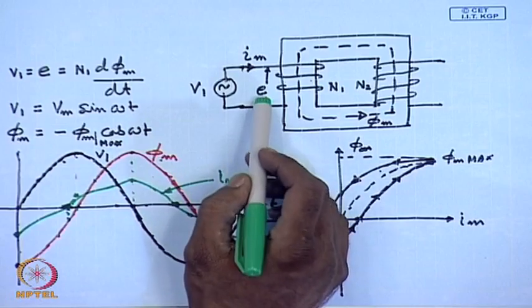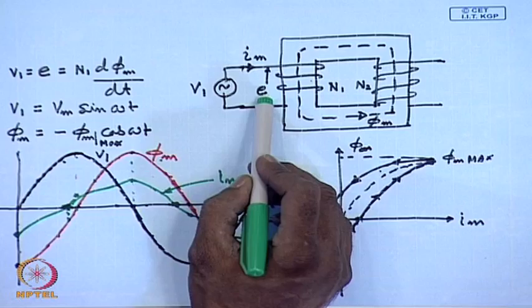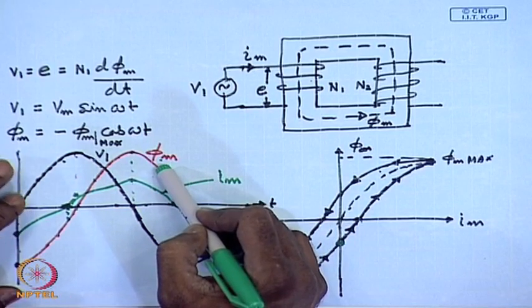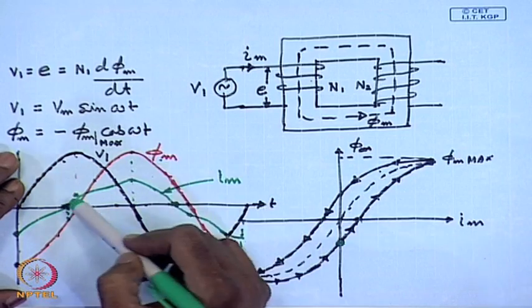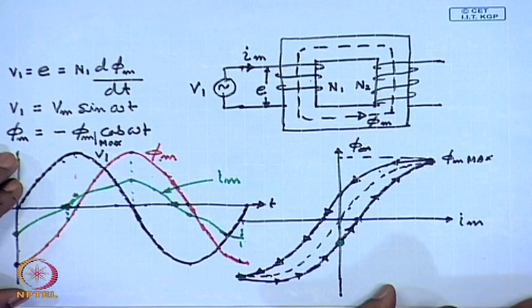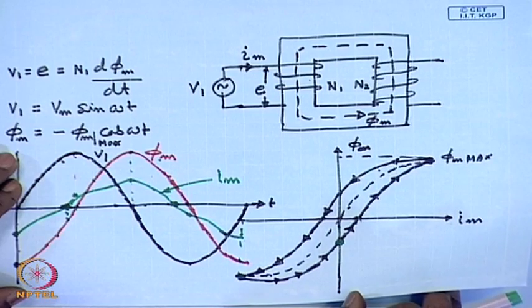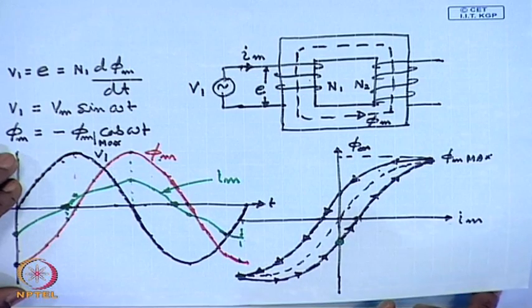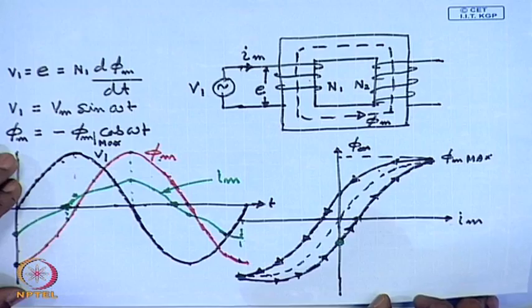However, if it is not so, then due to this nonlinear nature of the no load current, there will be nonlinear voltage drop across the resistance, and hence even the back EMF or the counter induced EMF or the flux waveform will also not be sinusoidal as we have assumed here.